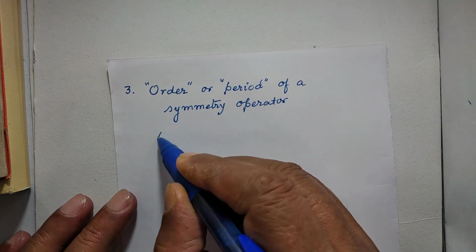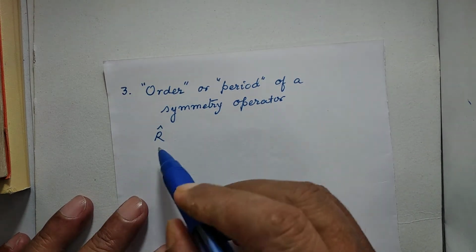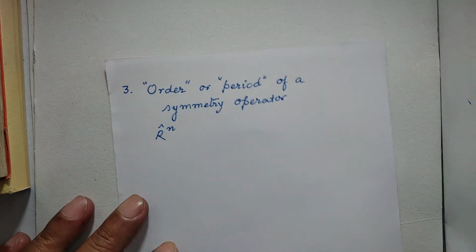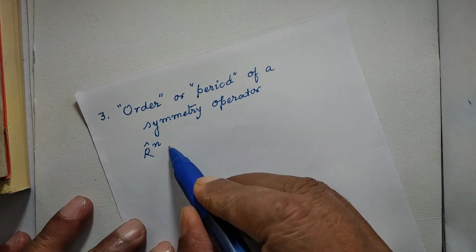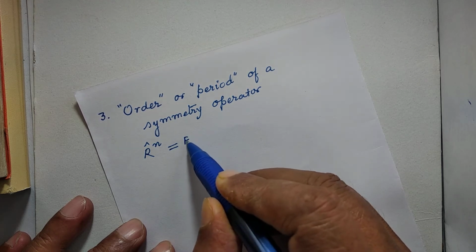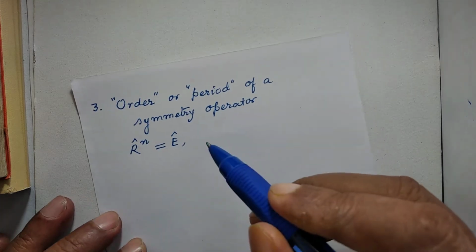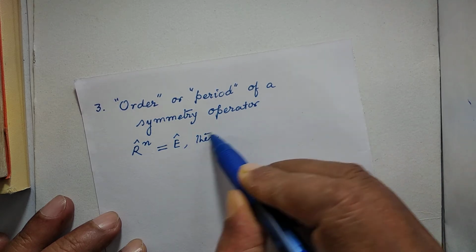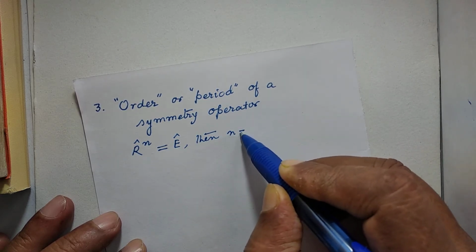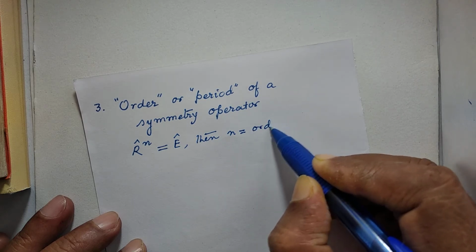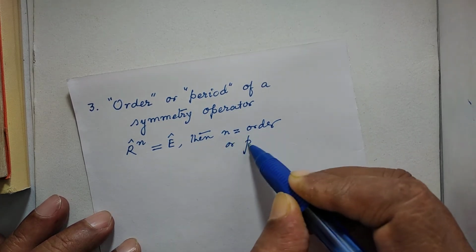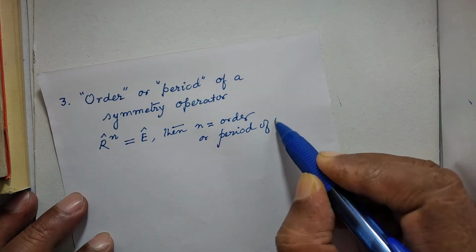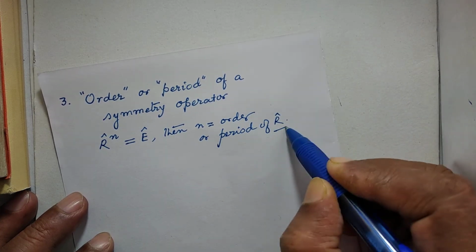If a symmetry operator R is such that when executed n times successively, it produces the identity operator, then n is called the order or period of R, symmetry operator R.